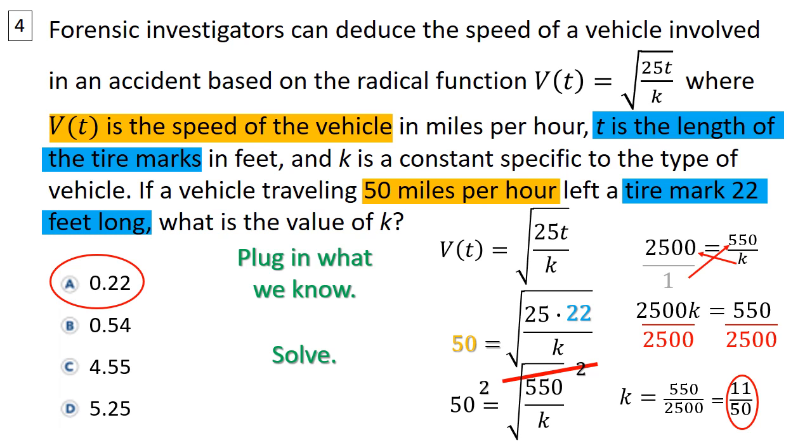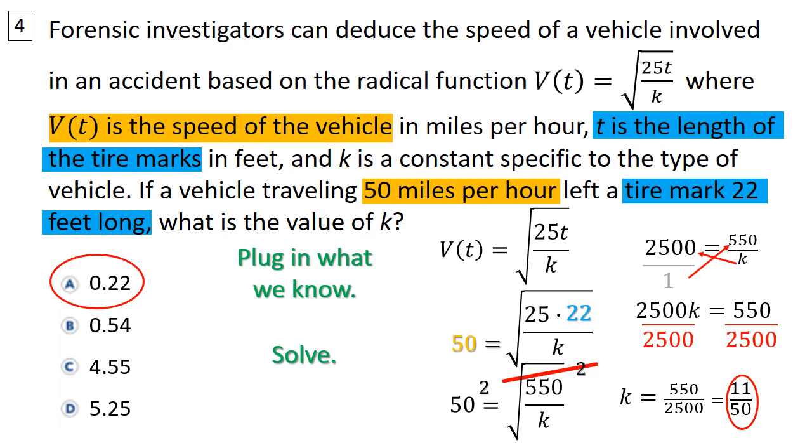Why didn't I make this a multiple choice problem on your worksheet? Mostly because I didn't want you to just plug the numbers in for k and see which one came out right. It would work great, but I don't know if it's going to be a multiple choice problem on the actual end of course test or not. I don't know if there's going to be a problem like this at all on the actual end of course test. So these were some steps that we definitely needed to go through.